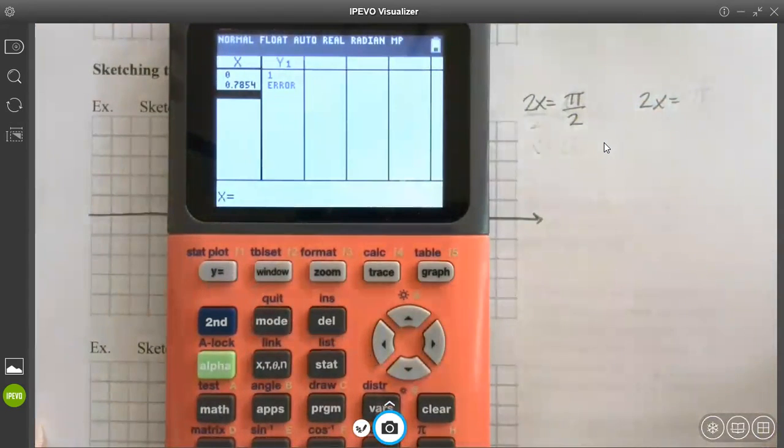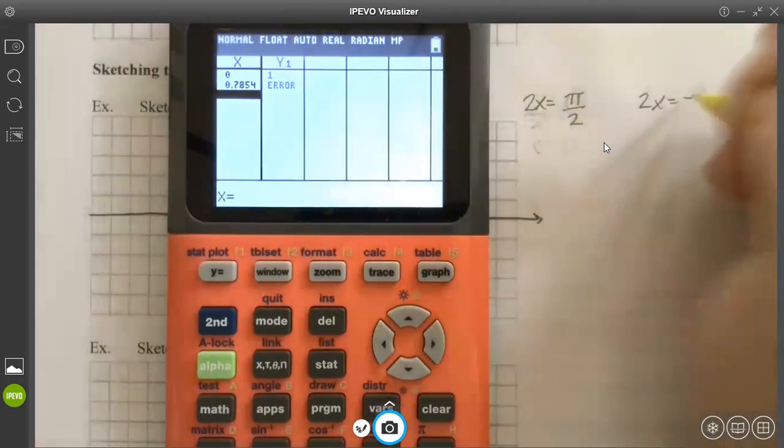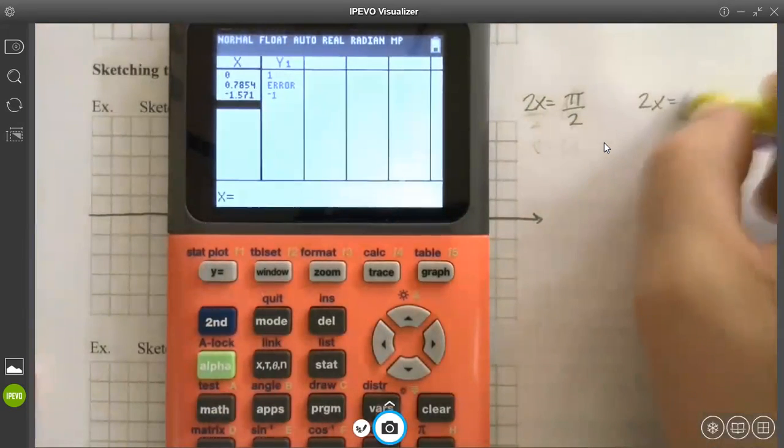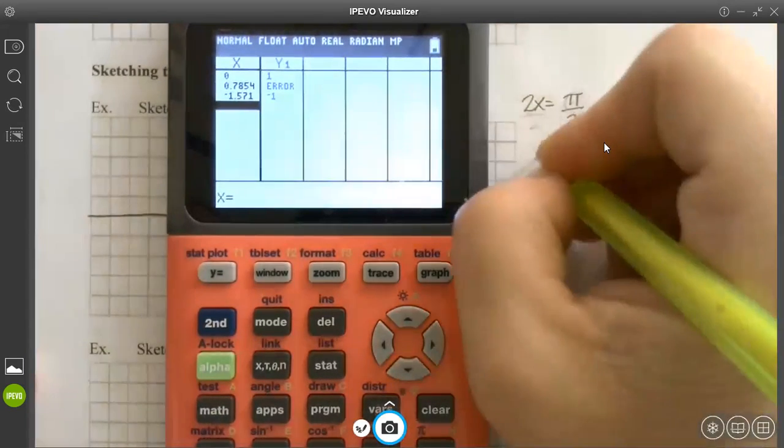Pi over 2. So what do you think the other one's going to be? Let's try negative pi over 2. Oh, that didn't give us that one either, did it? No. Okay, so it's not that. But we know this one works.